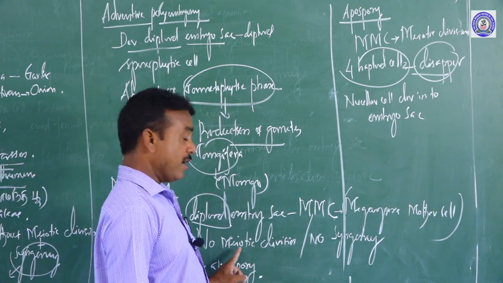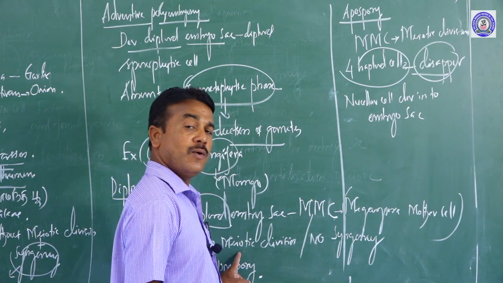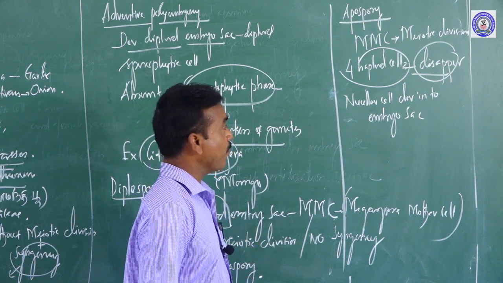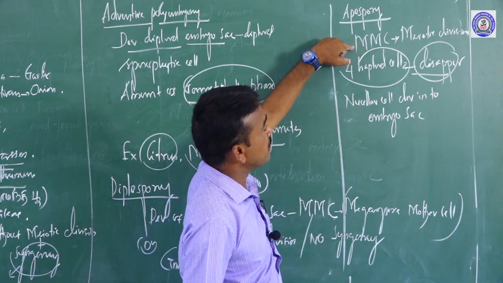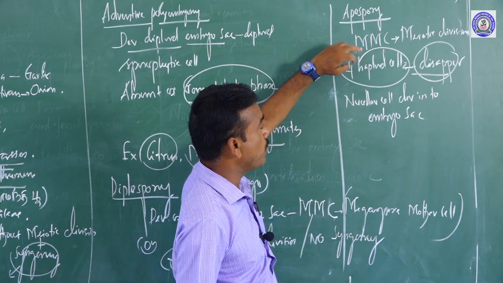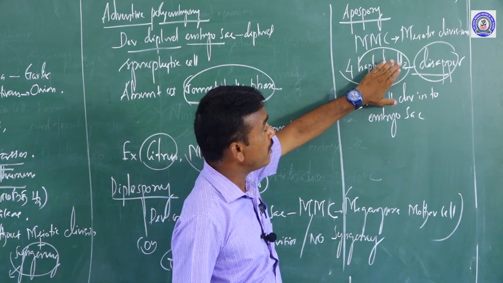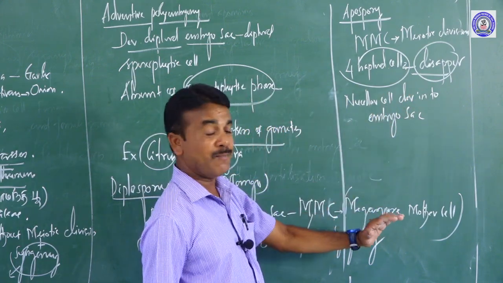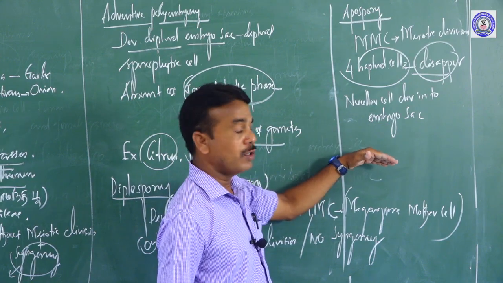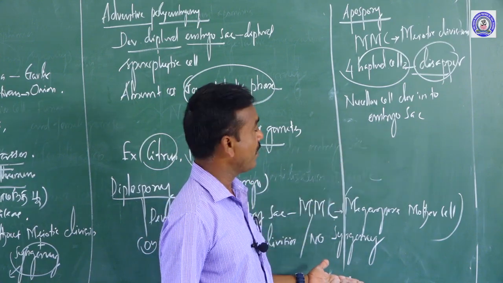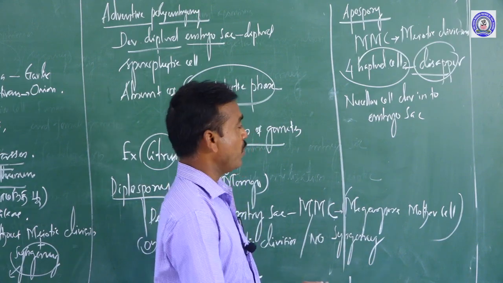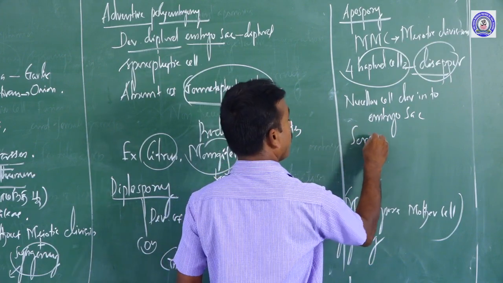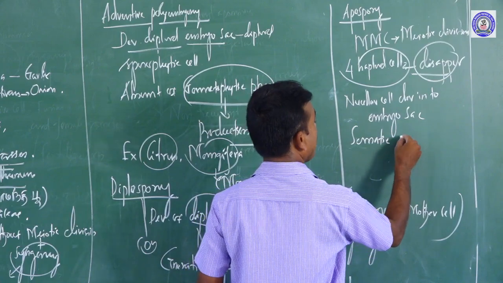Here, in diplospory, the megaspore mother cell undergoes no meiotic division and no syngamy, and develops a diploid embryo sac. Here, the megaspore mother cell undergoes meiotic division and four haploid cells are produced. Those four haploid cells disappear. When they disappear, at that time a new nucellar cell develops to produce the embryo sac. That is commonly called apospory. Apospory is also known as somatic apospory.